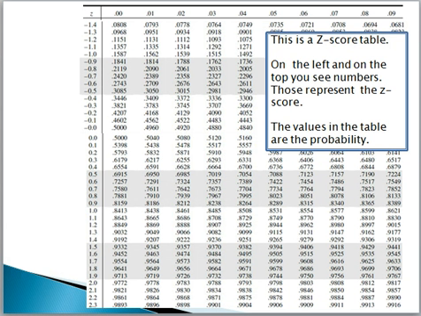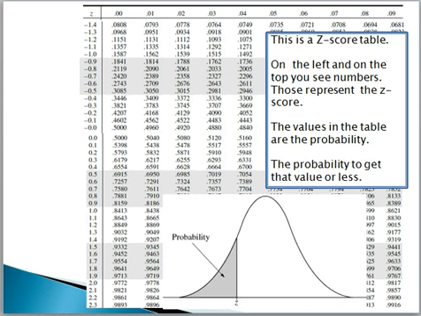There you go. This is a z-score table. In the z-score table, you see values for z in the first column and the first row, and those combined make a value. The first corner is -1.40. That's how you use it.